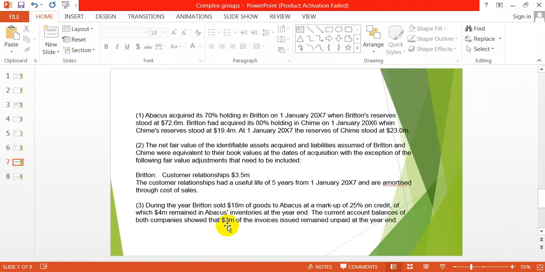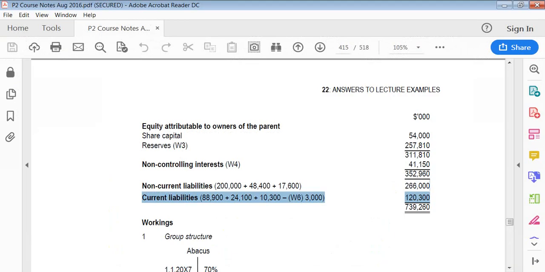We had intimated that this should come out from both the payables and from the receivables to give us a total of 120,300. The 120,300 is added to the 352,960 to give us a total of 739,260. And we are done with the consolidation.